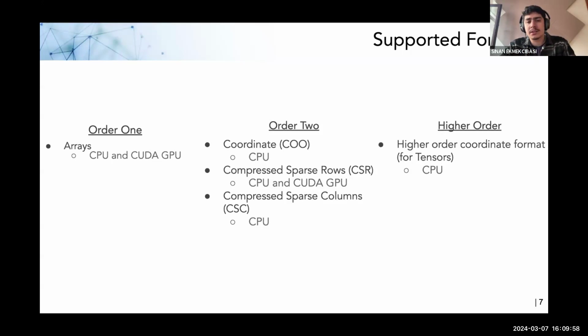COO and CSC formats have CPU support, and the CSR format has both CPU and CUDA GPU support. And in the higher order format, we use this format for processing tensor files, and it has CPU support as well.